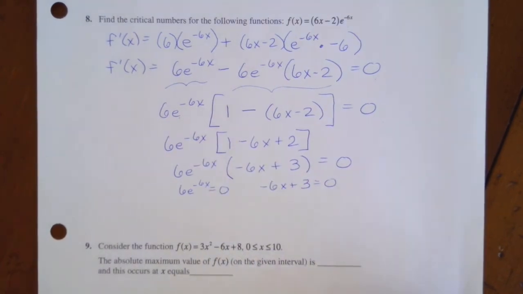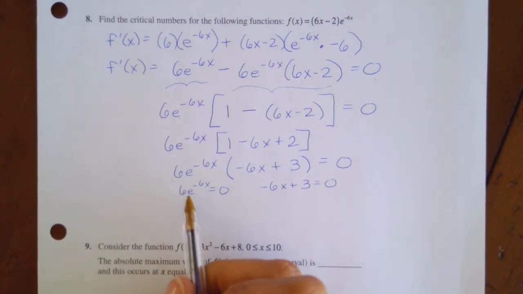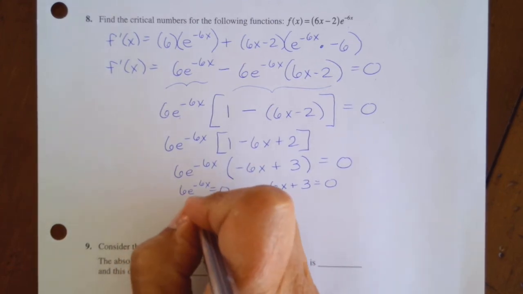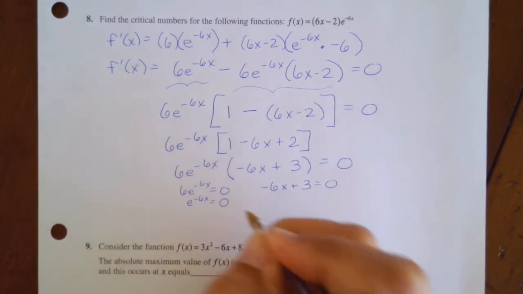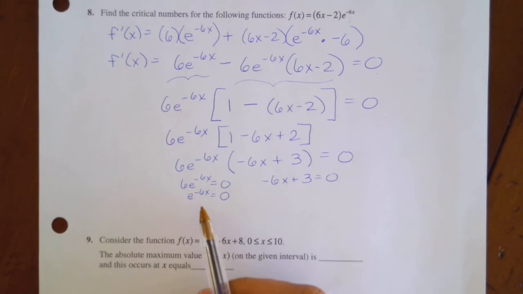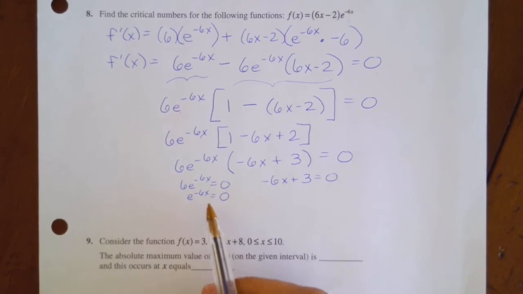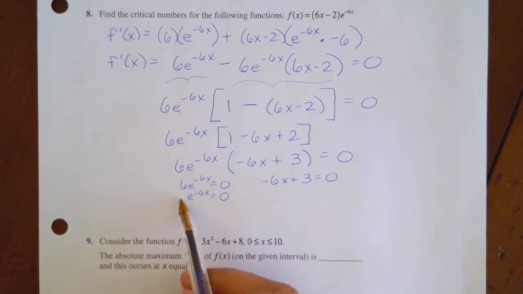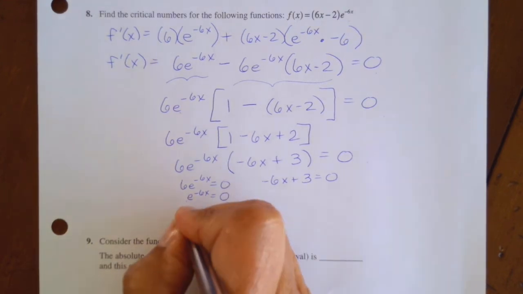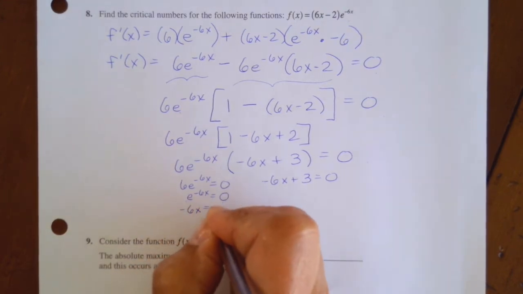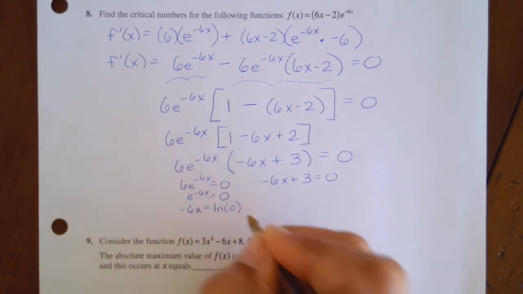Right, so there's our two factors. All right, we're going to divide both sides by 6, so that gives us still 0. And then to solve, remember, we're going to take the natural log. So if I take the natural log of both sides, the natural log of e is 1, and I'm left with just that negative 6x out front, and the natural log of 0.